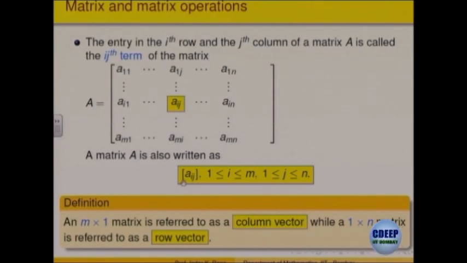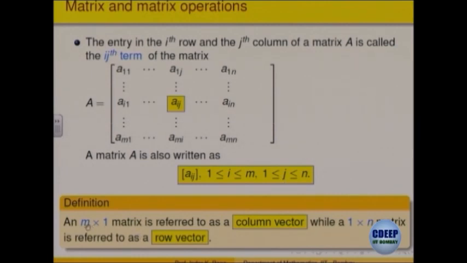Sometimes, in short, if you are not really interested in the numbers, but you are interested in the matrix as such as a quantity, you write it as aij, where i varies up to the number of rows m and j up to the number of columns n. Sometimes this is important and useful also.